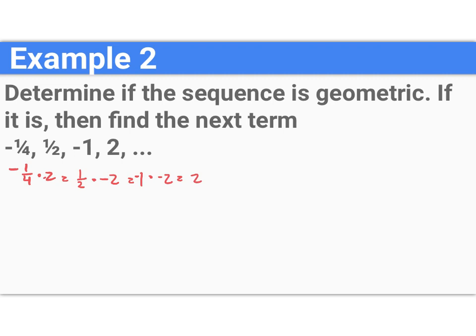Okay, so it looks like we're multiplying by negative 2. So if we multiply by negative 2, we get negative 4. So that was A1. A2 was 1/2. A3 was negative 1. A4 was positive 2. And then A5 is what we were looking for, the fifth term of the sequence.